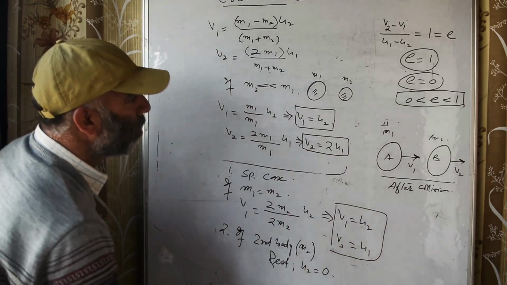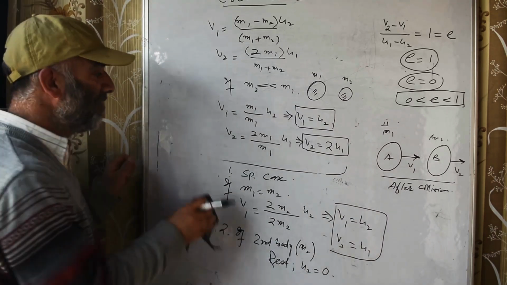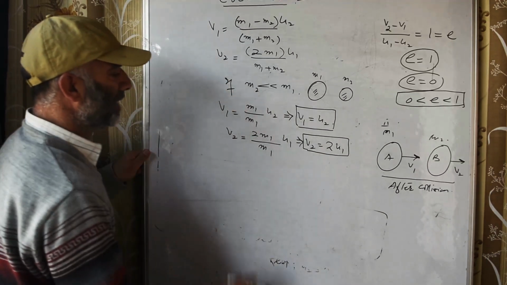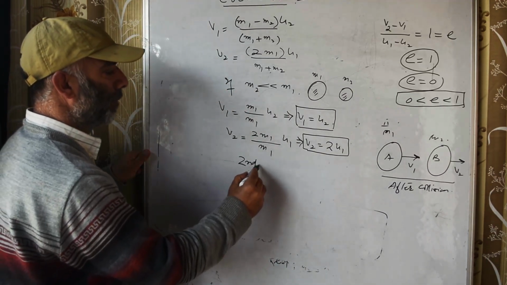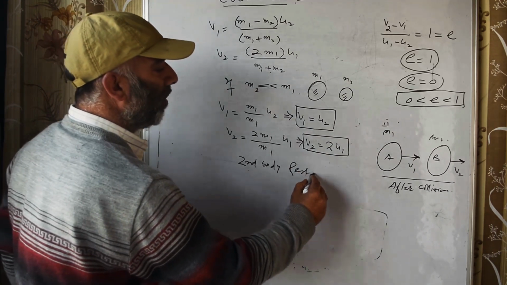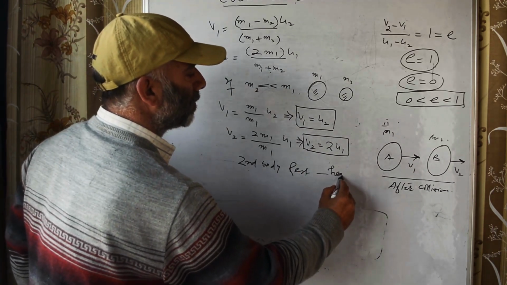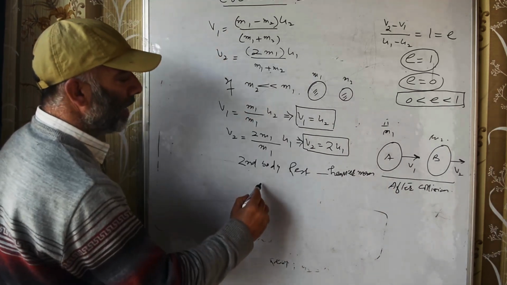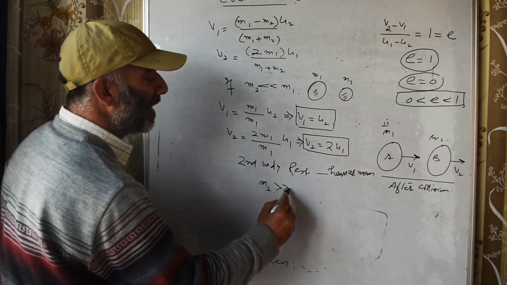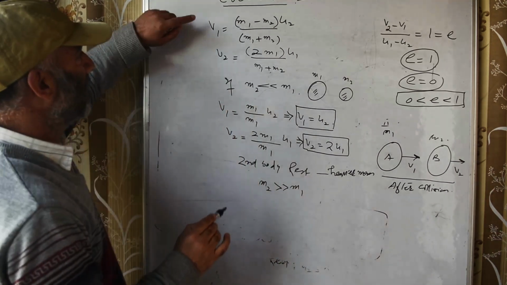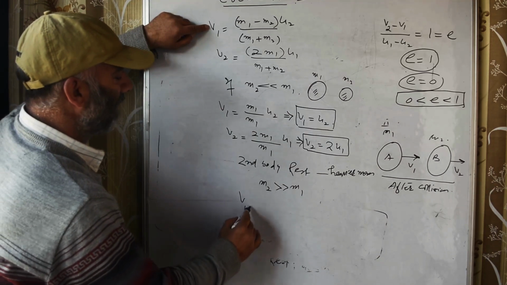Now if the second body which is at rest is of heavier mass, what will happen? That means M2 is very, very greater than M1. Now M1 can be neglected. And from this equation, what will we get?